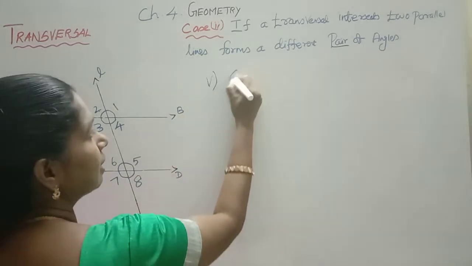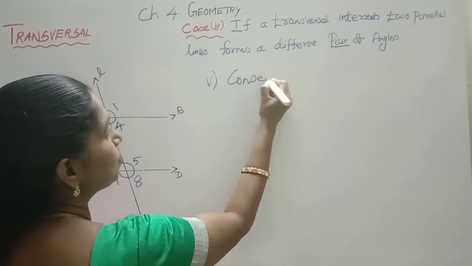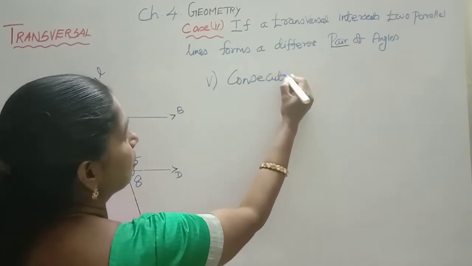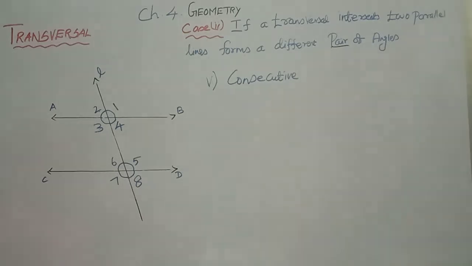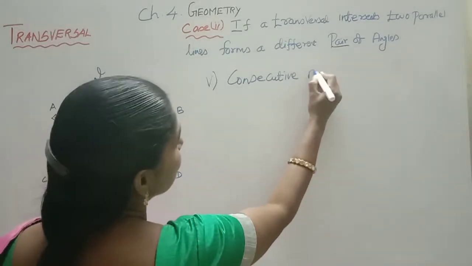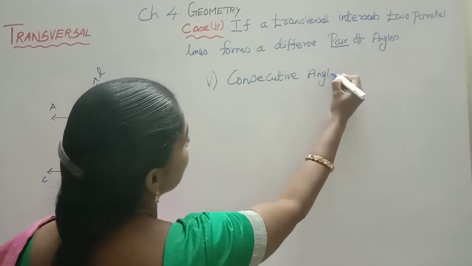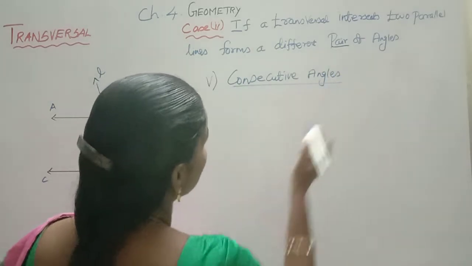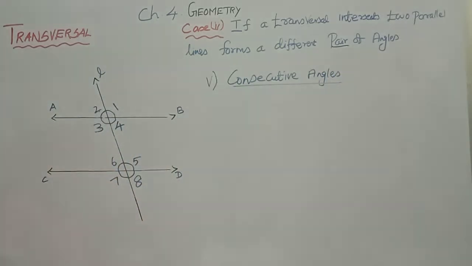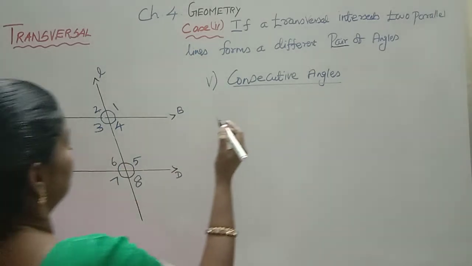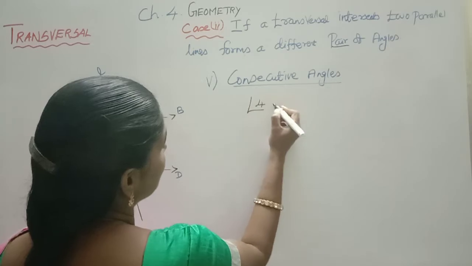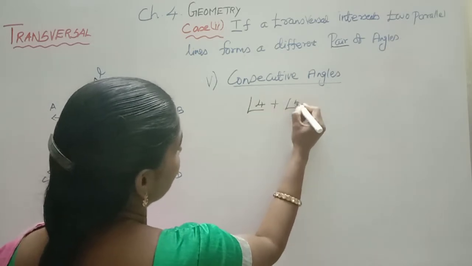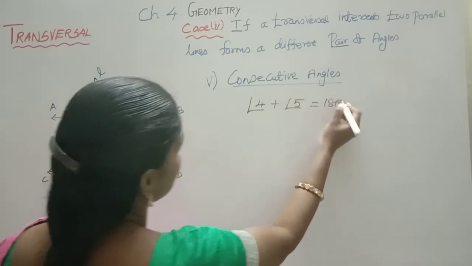So we are going to take consecutive angles. Consecutive angles. What is the meaning? It will make a linear pair. Angle 4 plus angle 5 equal to 180 degrees.